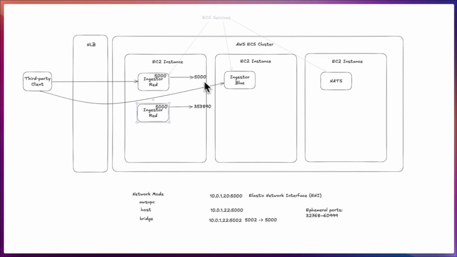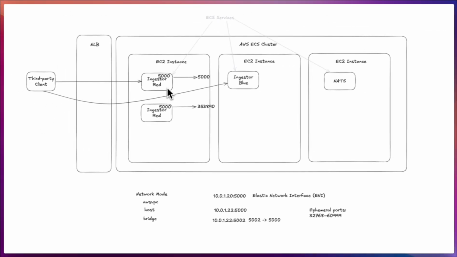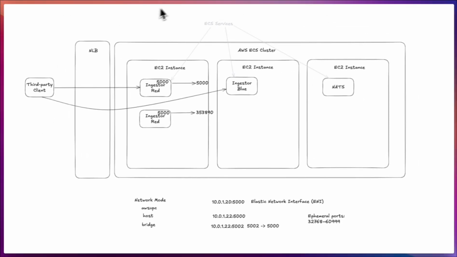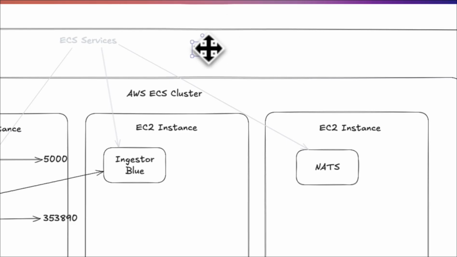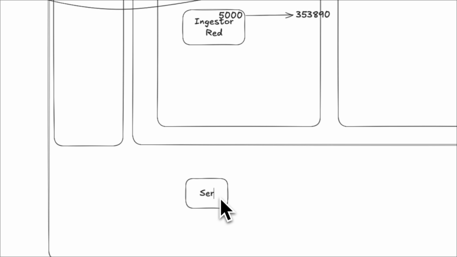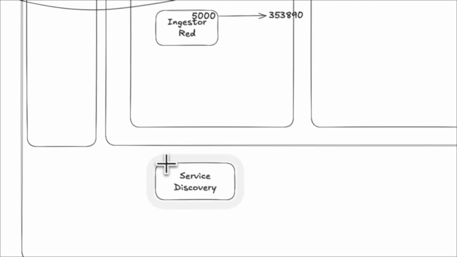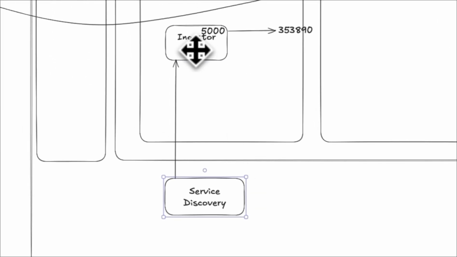So let's say you want to create an internal DNS for your container. Everything happens within a virtual private cloud. Let's create this thing and call it VPC. So this is our virtual private cloud. Now we create something called service discovery. What it basically does is assign a domain name to your container.